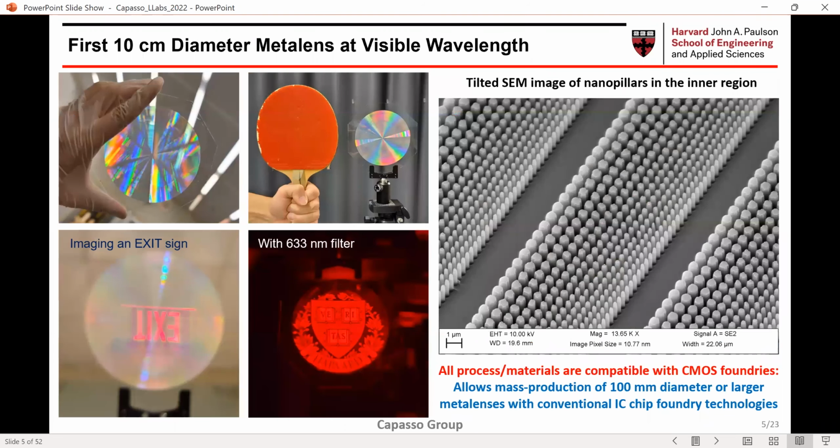And recently we decided to push this to the limits. So this is preliminary work, not published yet, where we made a 10 centimeter diameter lens. Again, this is made of glass, optimized for the red. This lens contains about 18 billion elements.